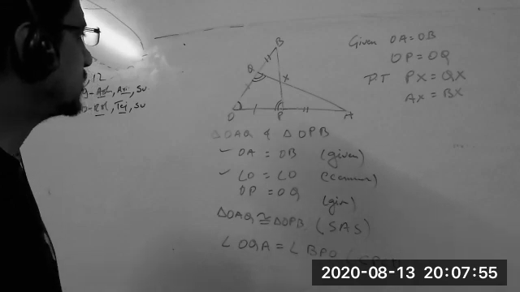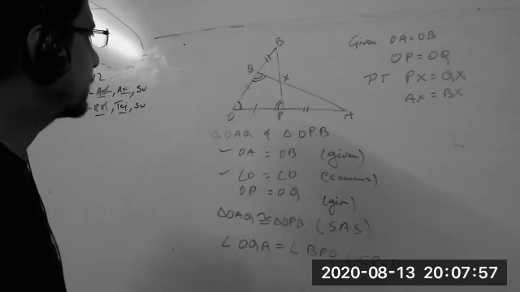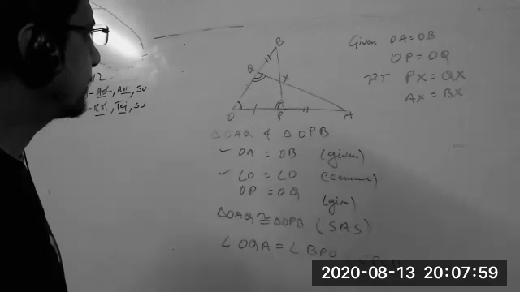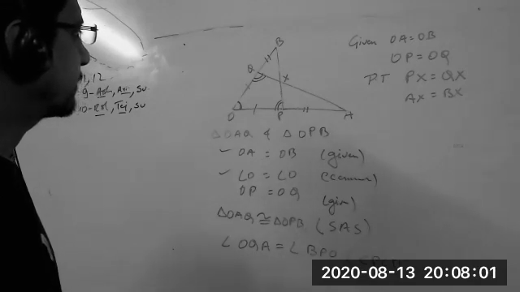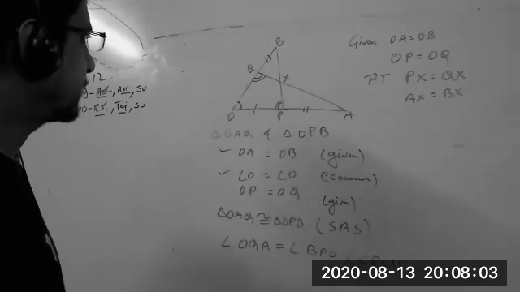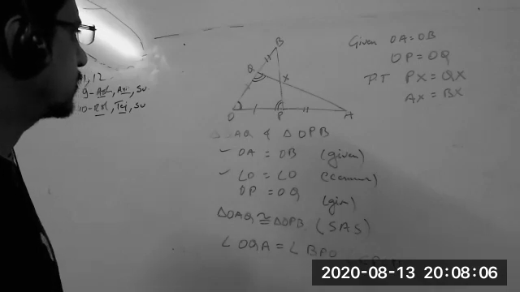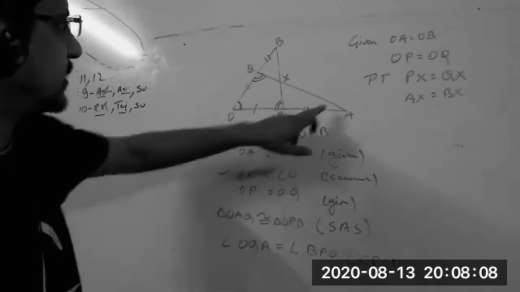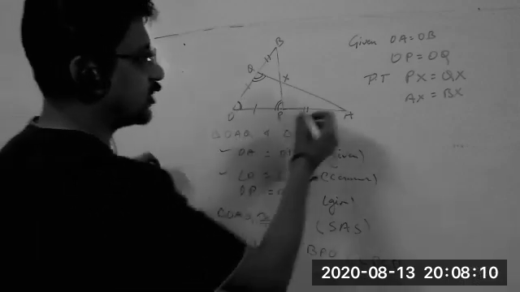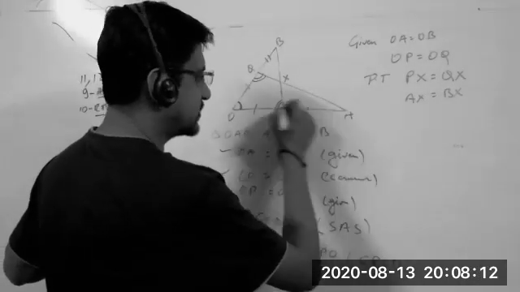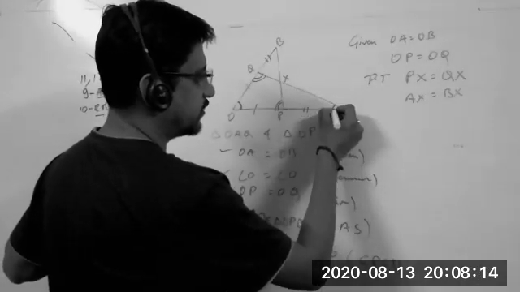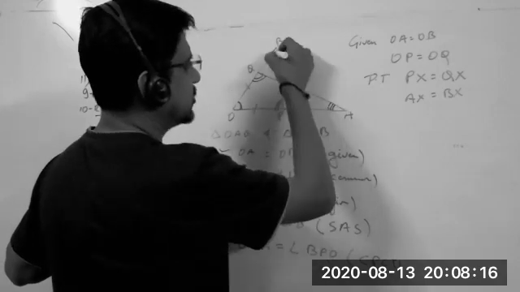Excuse me, sir. Instead of taking angle BPO equal to angle OQA, we could have just taken angle A and angle B equal. This is also CPCT. That's why I was thinking why I'm not getting the third component.